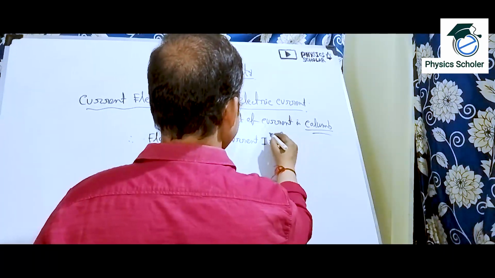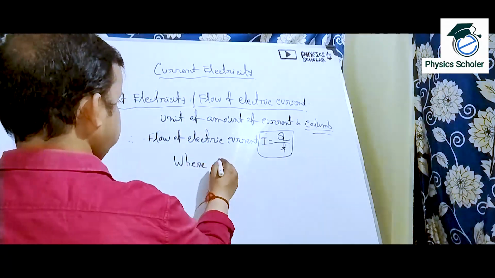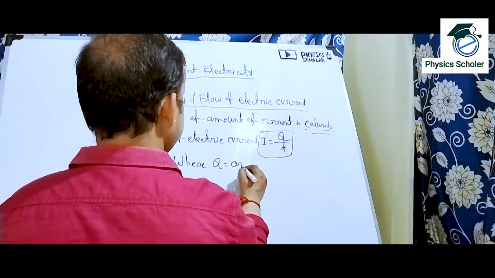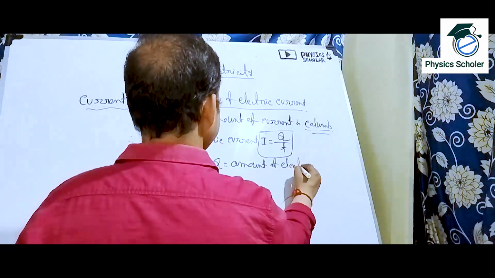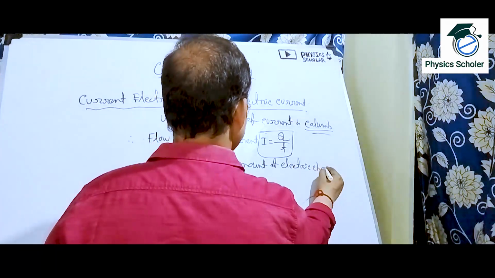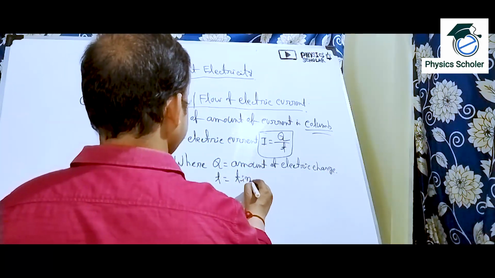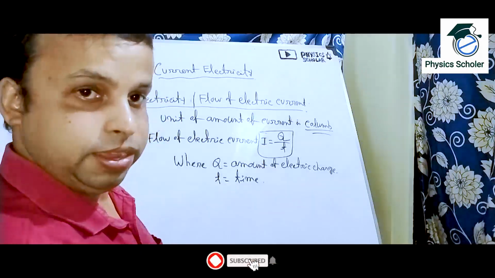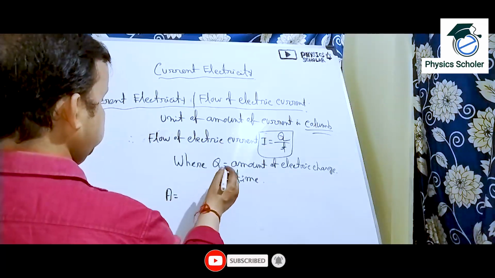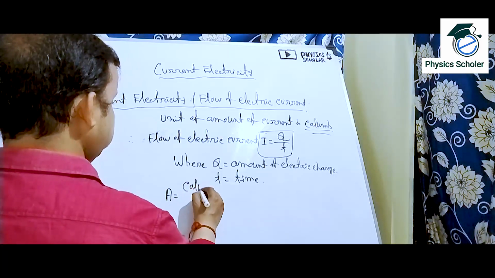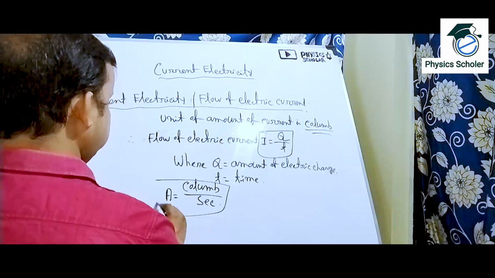I is equal to Q by T, where Q is equal to the amount of electric charge and T is equal to time. So how can we now define ampere? Very easy. Ampere A is equal to Coulomb by second.